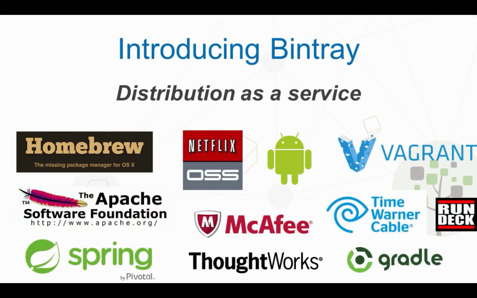So, like I said, this is one of the prime reasons why we created Bintray, and Bintray is cloud distribution as a service. It's basically an infrastructure to build a download center. We released Bintray at the beginning of 2013 as a pure open source initiative, and we made it commercial just towards the end of last year.